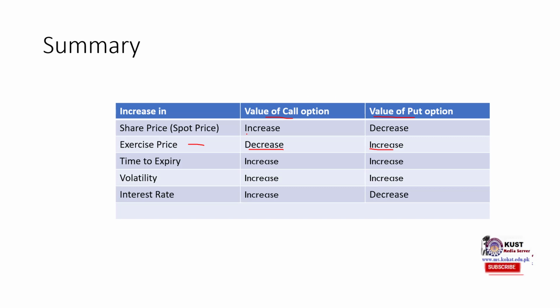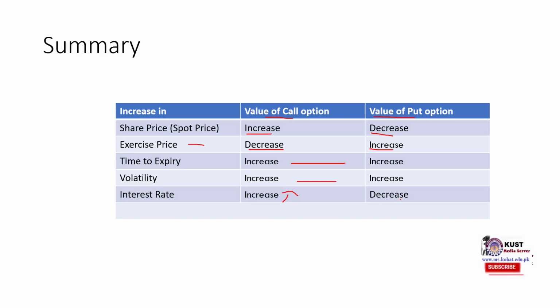In case of share price, there was a positive relationship between share price and the value of call option, and a negative relationship between the share price and the value of put option. Time of expiry and volatility both had a similar effect on put and call option, whereas interest had a positive impact on call option. The higher the interest, the higher would be the value of call option, but a negative impact on the value of put option.